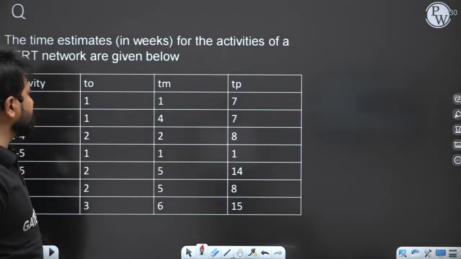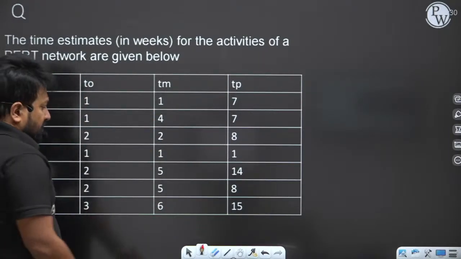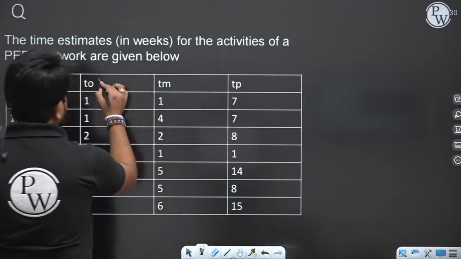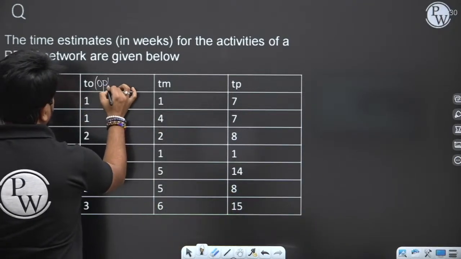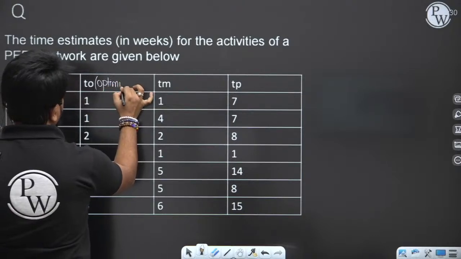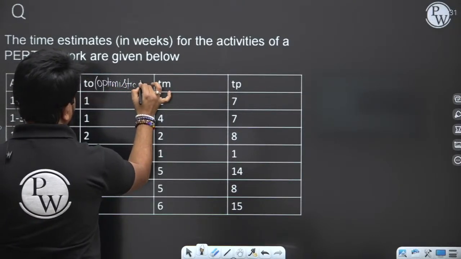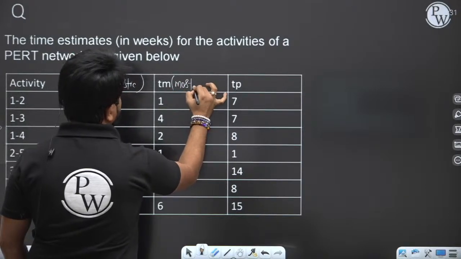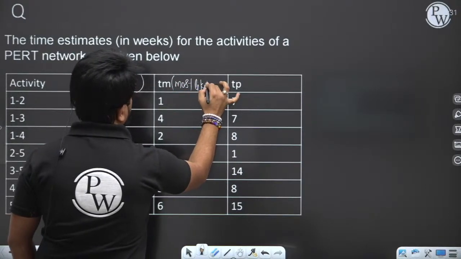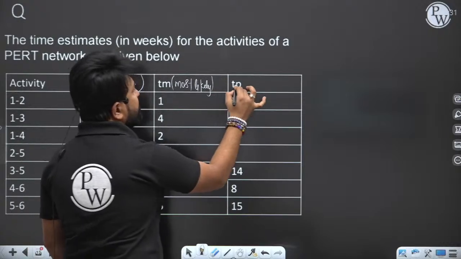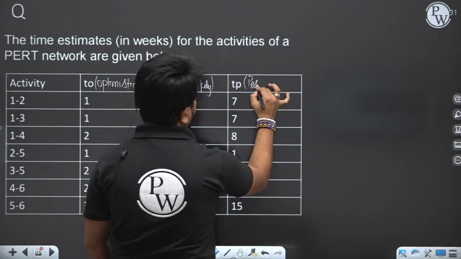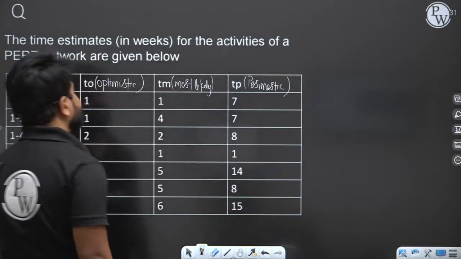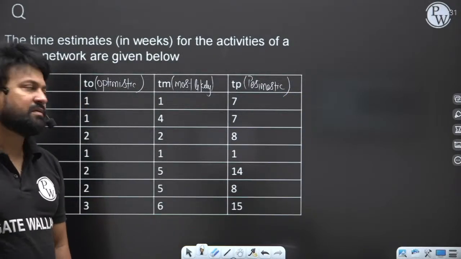Here T naught represents the optimistic time, then most likely time, then pessimistic time.